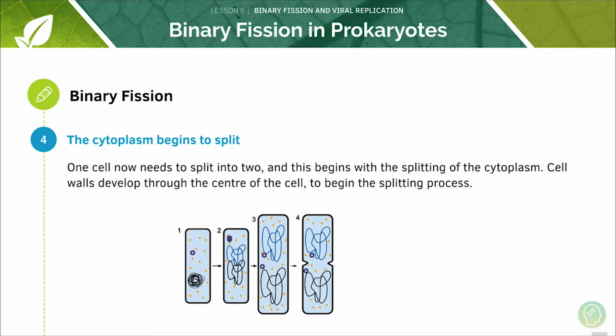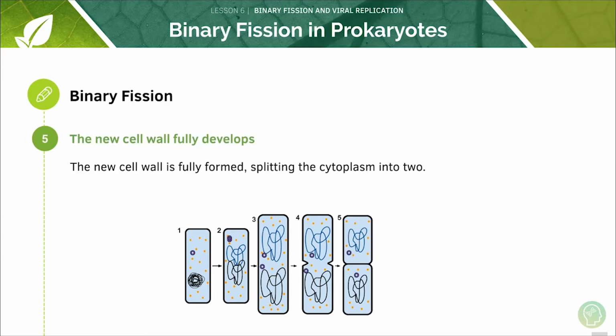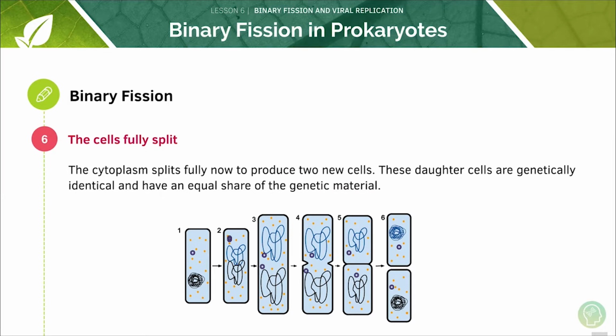Cell walls develop through the centre of the cell to begin the splitting process. The new cell wall is fully formed, which eventually splits the cytoplasm into 2. The cytoplasm splits fully now to produce 2 new cells. These daughter cells are genetically identical and have an equal share of the genetic material.